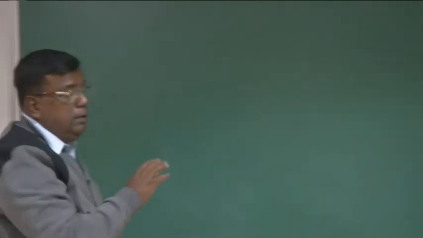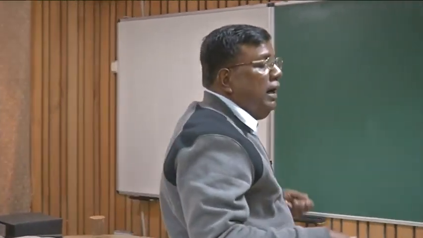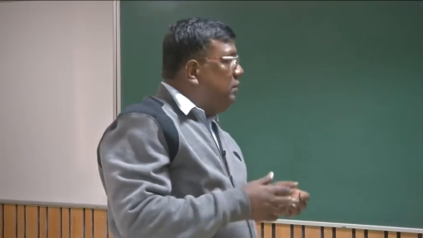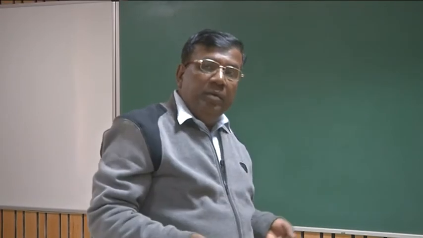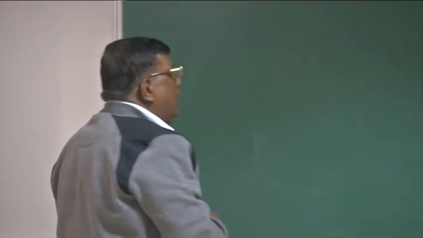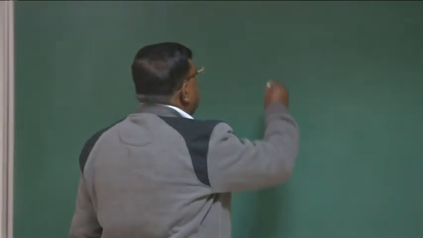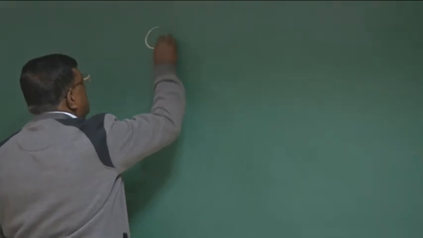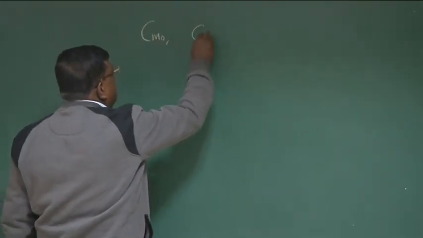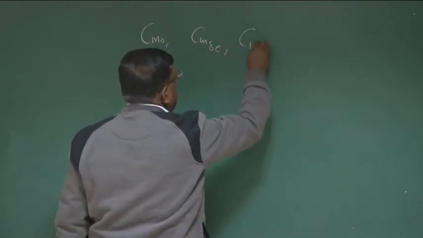Please remember, whatever I am discussing here, I am not talking about maneuvering flight. For maneuvering flight, we have seen that you have to put additional elevator deflection, which we will revisit while solving a problem. But at this point, we are not talking about any maneuvering flight. Okay, now let us see what is Cm naught and what is Cm delta E, and allow me to put something like CL delta E.